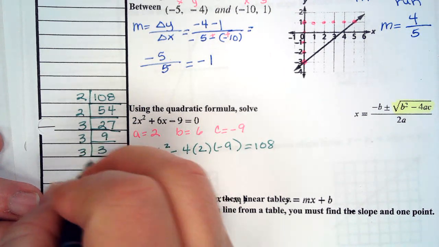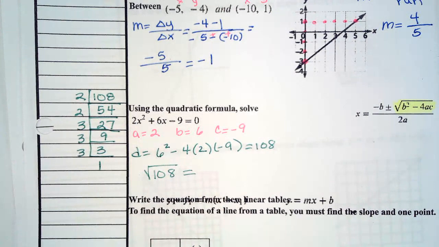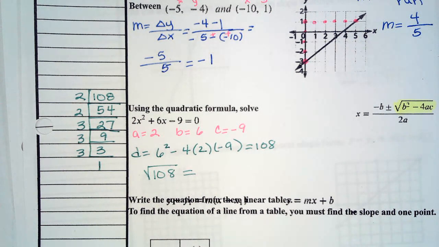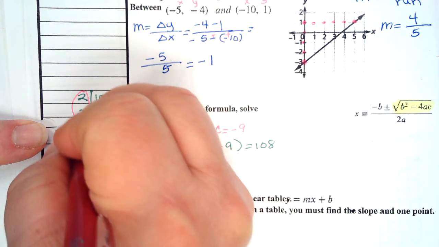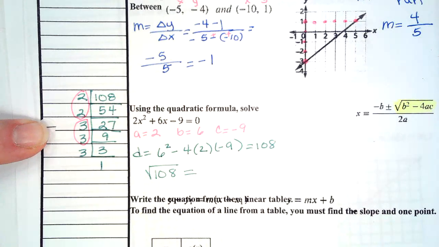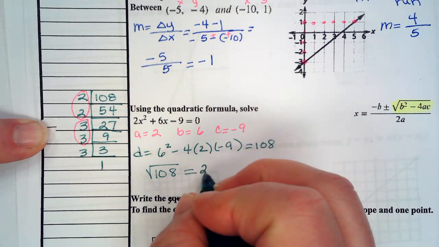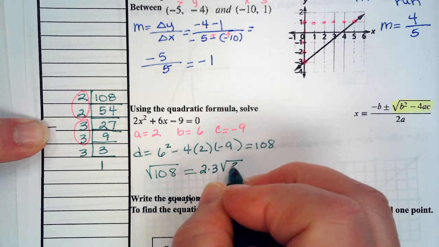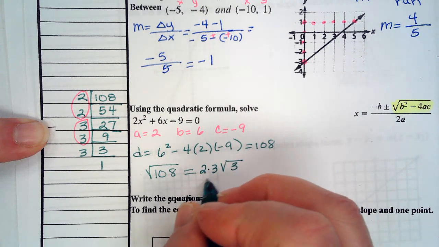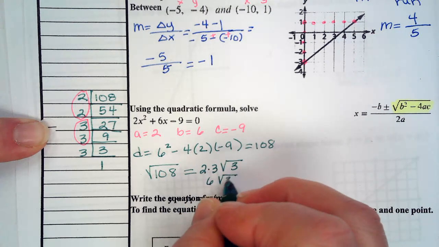Divide by 3, I get 1. When you get 1, you are done. So I've got a pair of 2's and a pair of 3's, and then I've got a 3 left over. So this is 2 times 3 square root of 3, which is equal to 6 square root of 3.